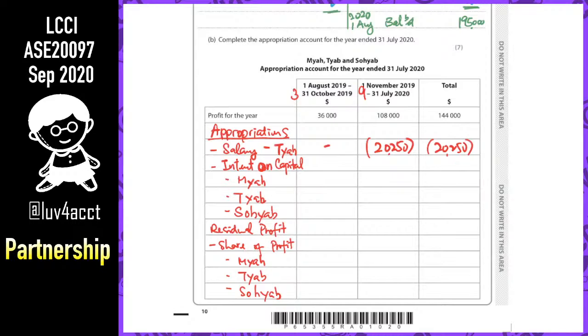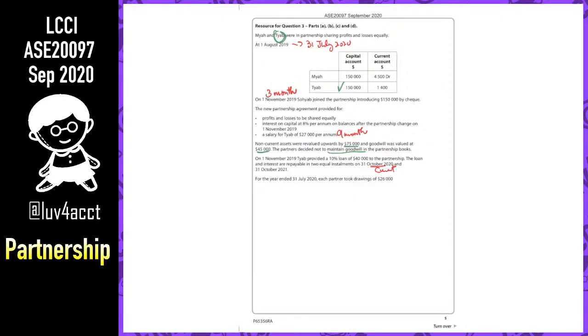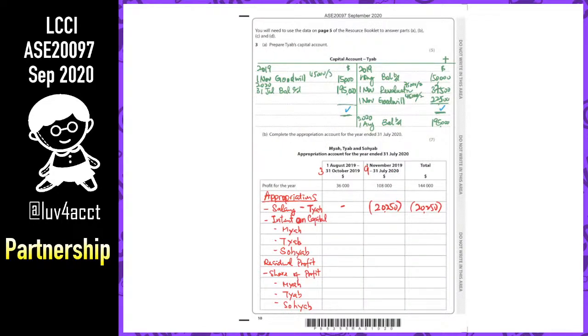Interest on capital would be how much? What percentage? 8%. You can see that for partner M it is 150,000 as well. That means he will have the same closing balance as partner T. So the amount would be 195,000 multiplied by 8%, and 9 months.